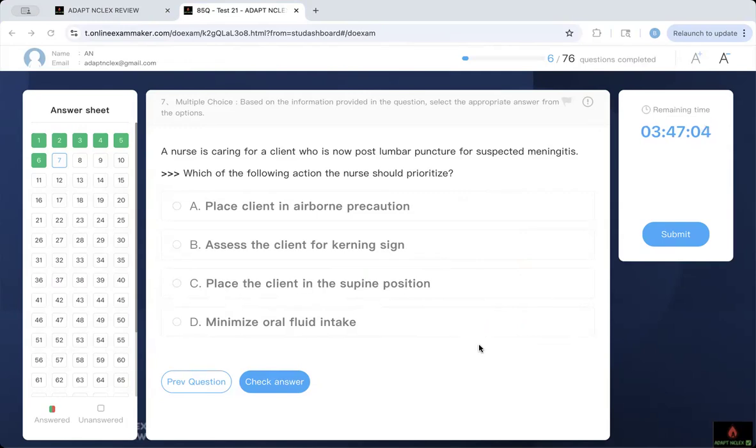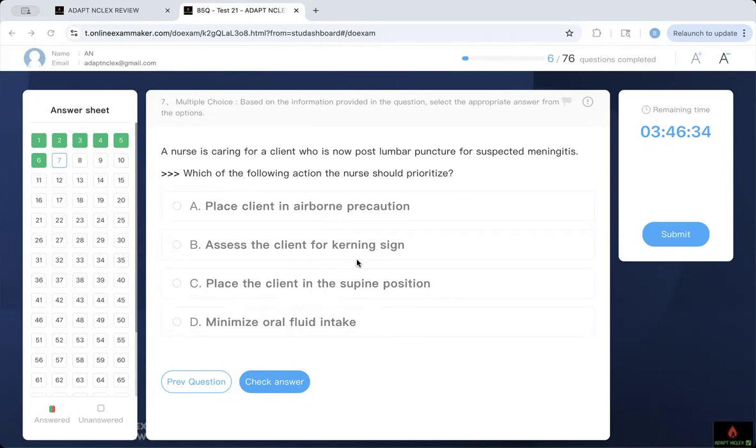Now, let's look at the other options. Meningitis, does it need airborne precaution? Assess the client for Kernig sign. We already know the patient has meningitis. Why do you want to do that? This is a trap. If you pick it, it's okay, but think critically. After lumbar puncture, I don't need to assess for Kernig sign. It may be familiar to you and you want to pick it, but don't do that.